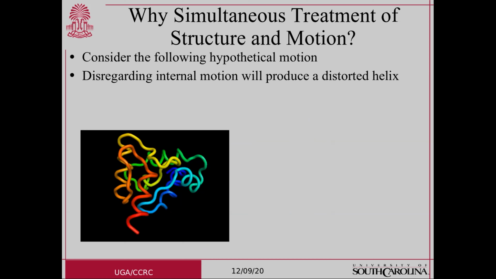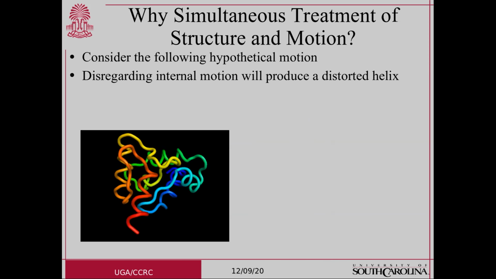So imagine the case that you have a protein with a terminal helix that undergoes two states. At this point, I have slowed down the motion just to convey the degree of flexibility. So this particular domain of the protein is undergoing about 60-degree fluctuation from state 1 to state 2.